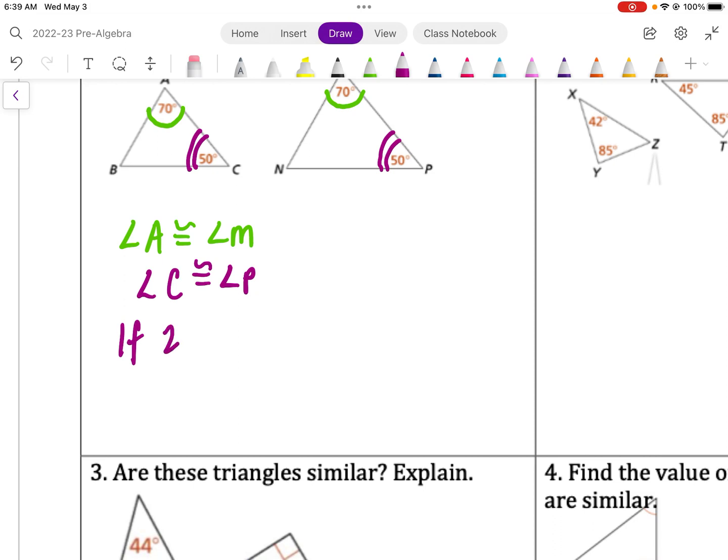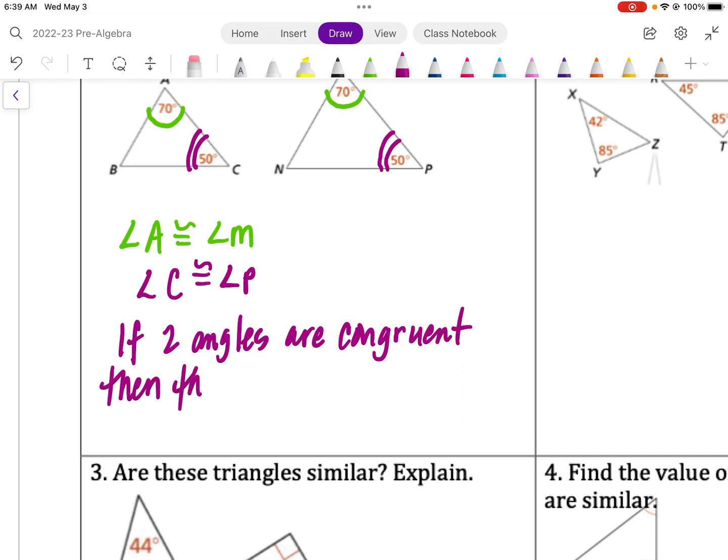So if two angles are congruent, then the figures are similar.